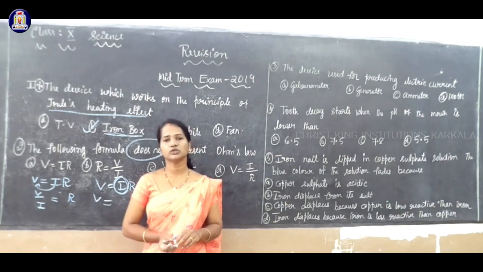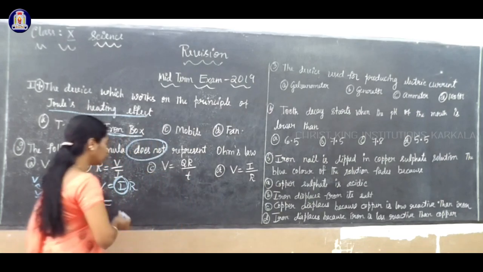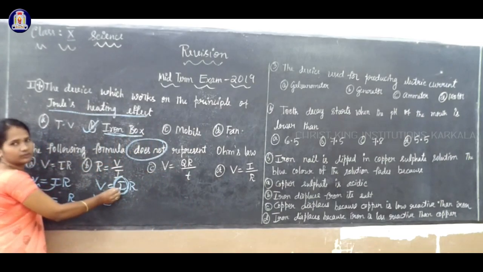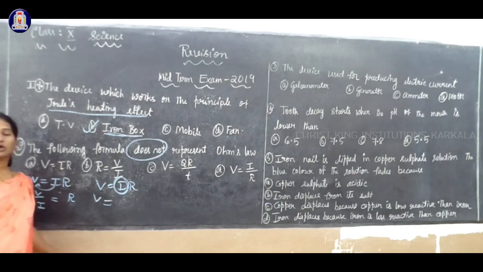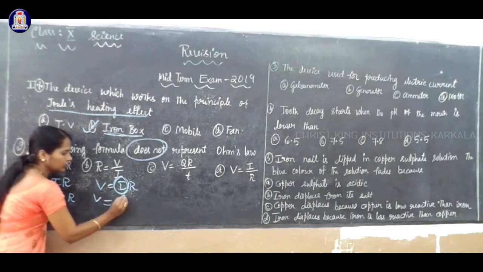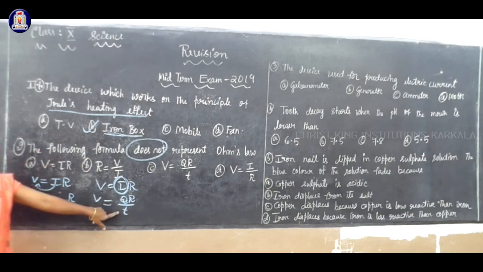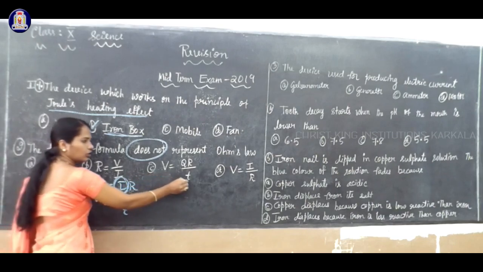The equation used to calculate current is I is equal to Q divided by T. Just recall the formula of current from the beginning of the lesson. And R as it is, so I can write V is equal to QR by T. So this is also an Ohm's law formula.